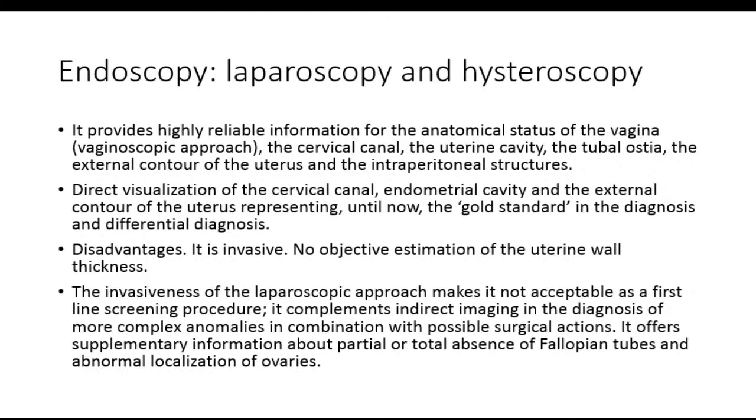It provides information about the anatomy of the vagina if you do a vaginoscopic approach, the cervix, uterine cavity, also tubal ostia, the outer shape of the uterus, and some information about peritoneal structures, because you can do direct visualization of the cervical canal and endometrial cavity, and this is considered to be the gold standard for the diagnosis and differential diagnosis.